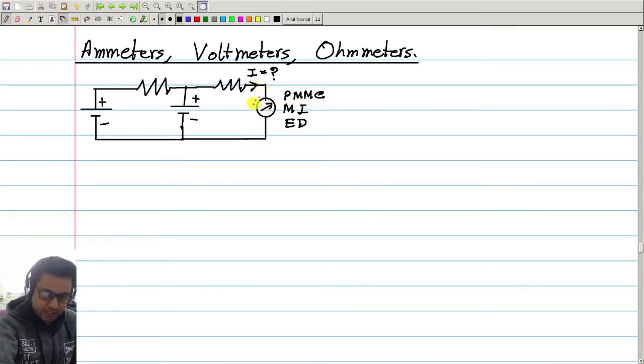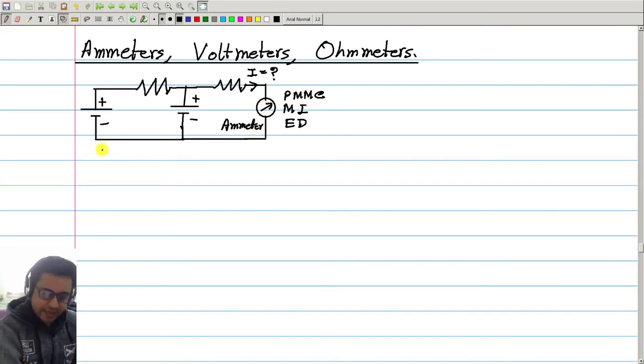So when you connect the coil of the instrument in series with this branch, then the current I will flow, and from the deflection you can measure the current flowing through this branch. So all these types of instruments by default work as ammeters.